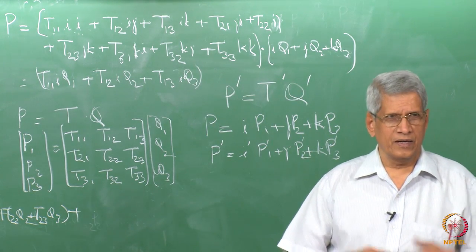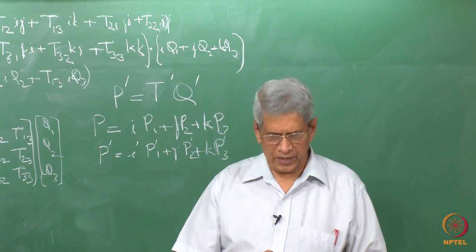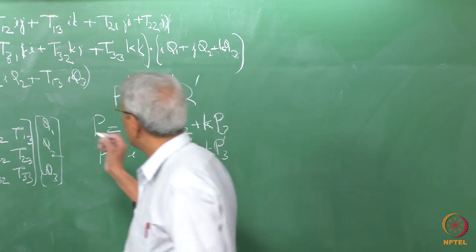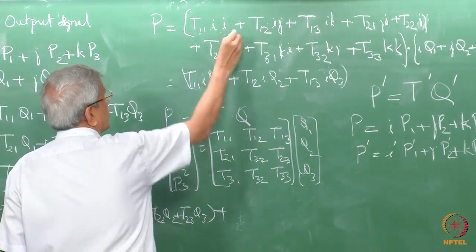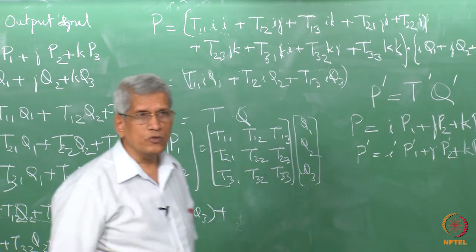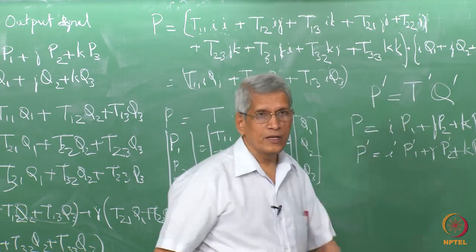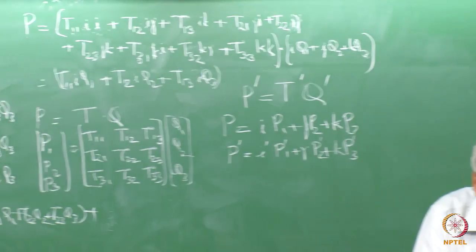In the new coordinate system, i should be written in terms of i dash and j dash. So each one of them, if we substitute, there will be three, so essentially 9. So we already have 9 terms, and totally the number of terms is going to be essentially 81.